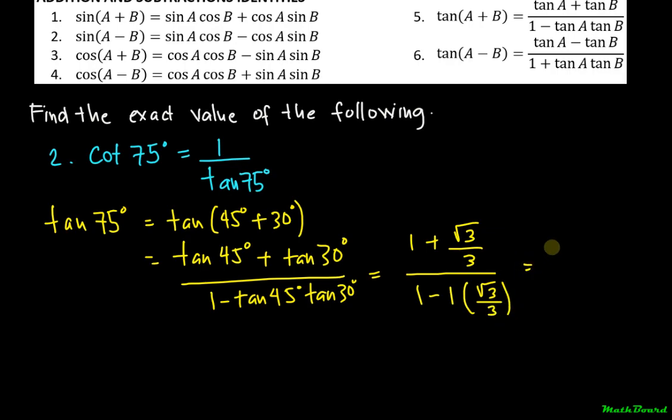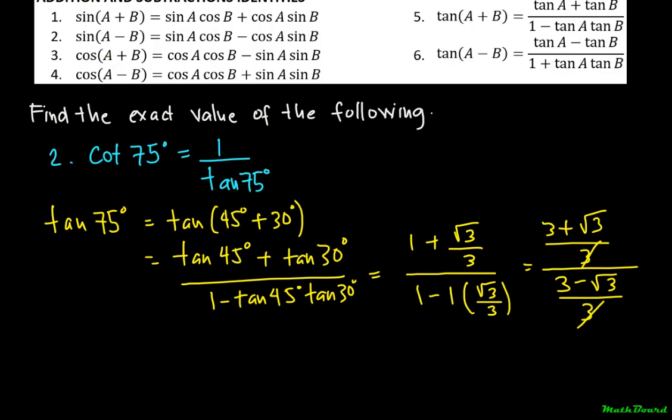So simplify. So 1 times 3, that's 3, plus square root of 3 divided by 3. For the denominator, since this is 1, 1 times 3 is also 3, minus square root of 3 over 3. So you can see we can cancel 3.